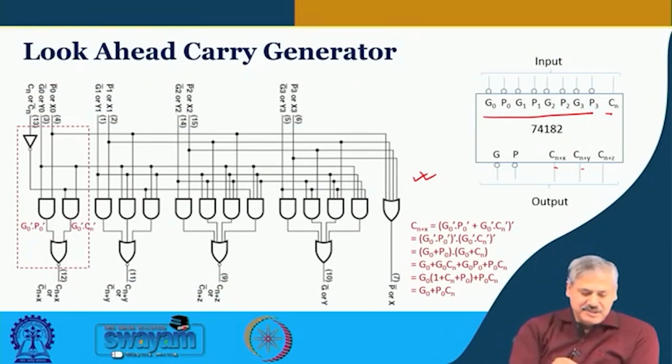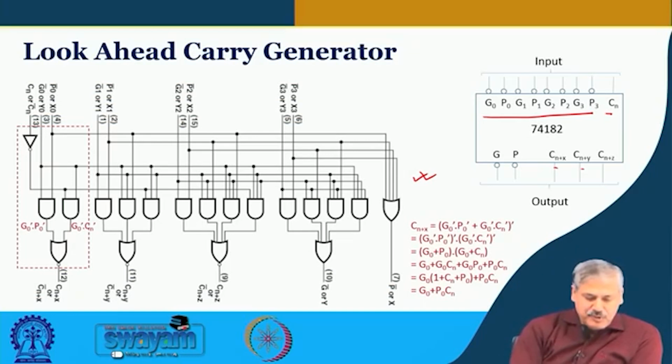So, this is the block that we look at. The input here is G0 bar and P0 bar, which is getting ANDed, and this input G0 bar is coming from here, and Cn here is active high, but then there is an inverter, so this is Cn bar.